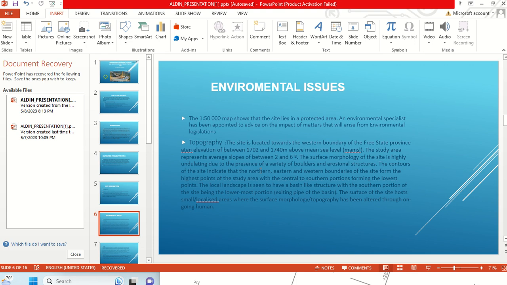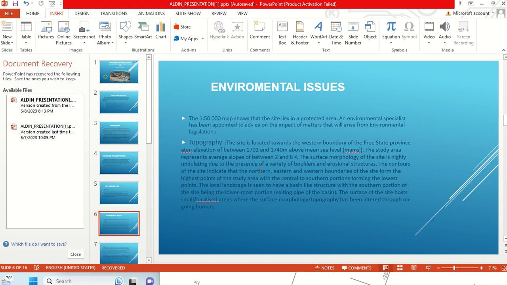The map shows that the site lies in a protected area, and an environmental specialist has been appointed to advise on the impact of matters that will arise from environmental legislation.